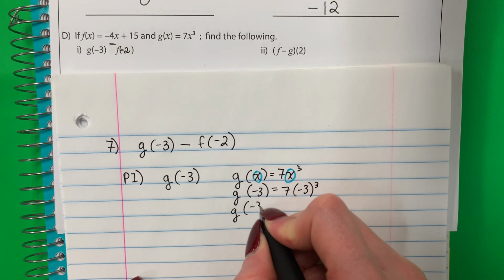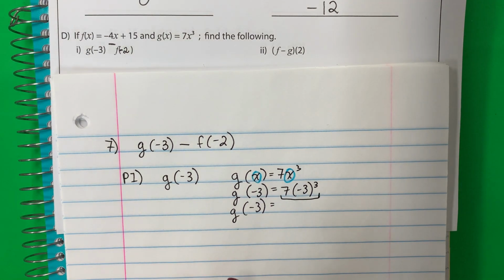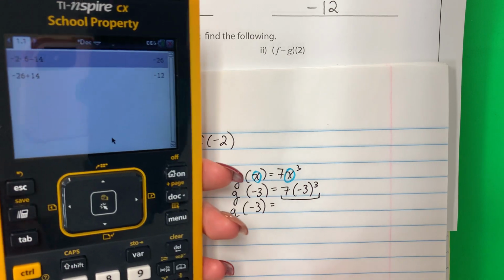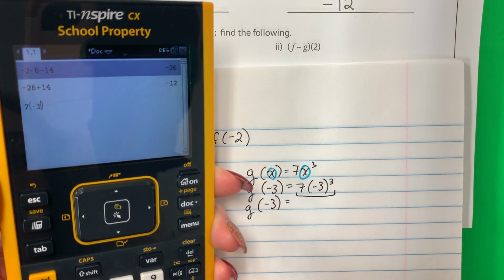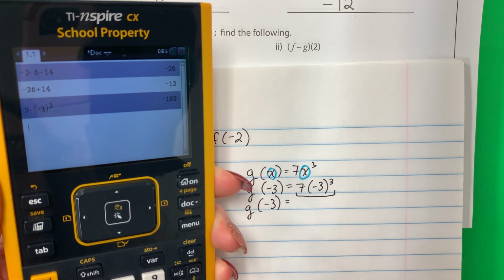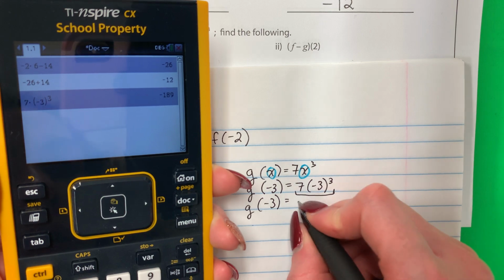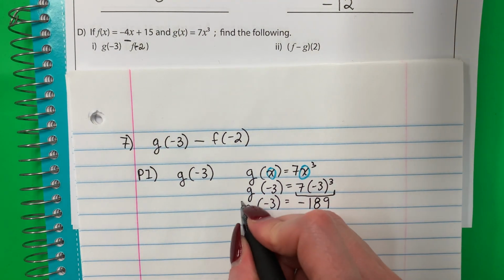Copy, g of negative 3 equals, let's put that in the calculator, en la calculadora. 7, parenthesis, negative 3, parenthesis, cubed. Negative 189. That's my g of negative 3.